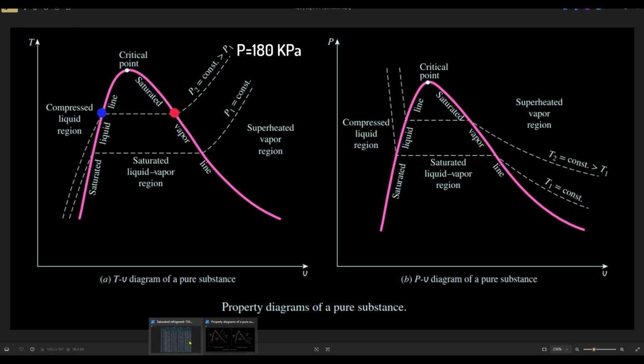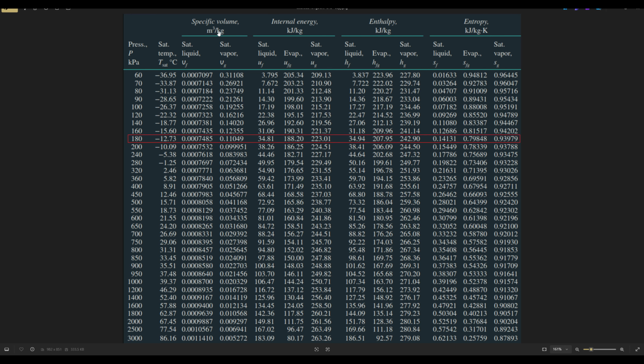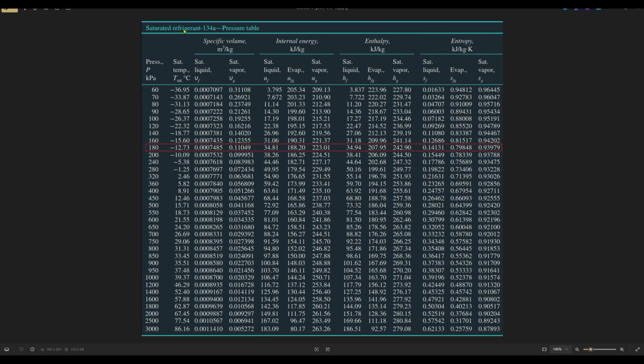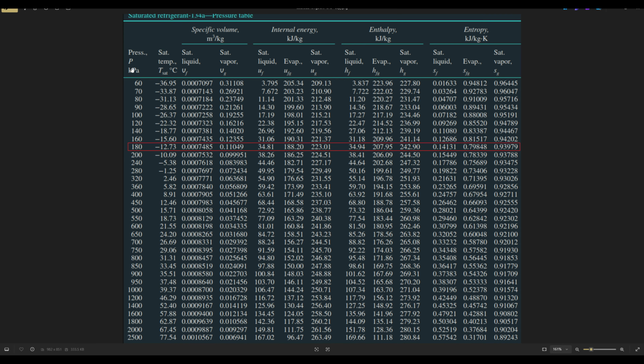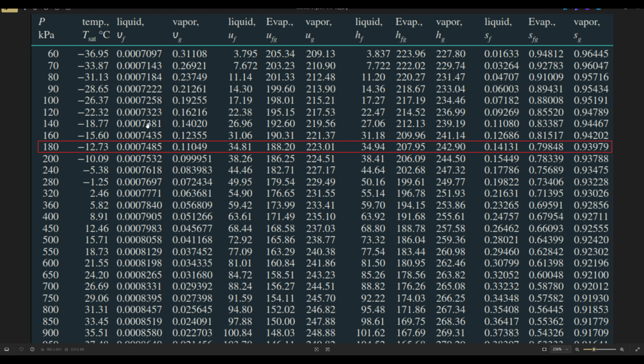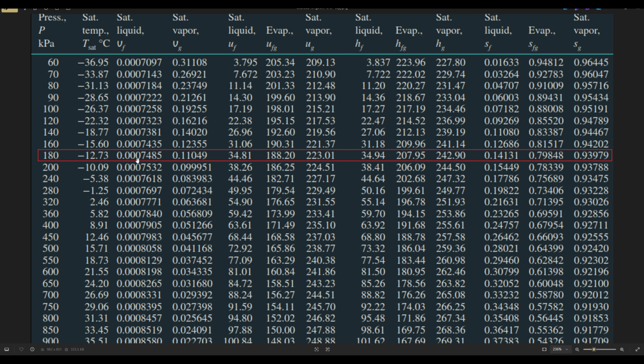So we can go and check the thermodynamic table related to saturated refrigerant R134A. For this given pressure of 180, vf and vg are these two values: vf is 0.0007, and vg is roughly 0.1, and the specific volume for our problem is 0.02, which is a value between these two.